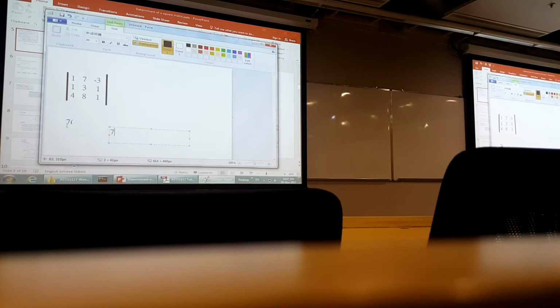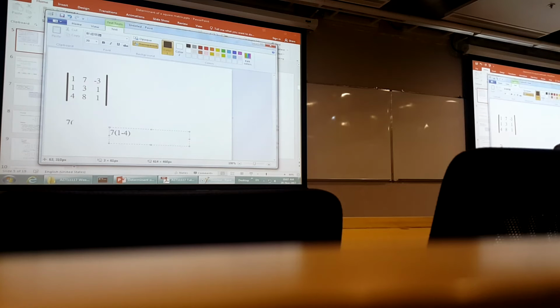Now, we use this one and then we calculate 7 times these four numbers. 1 minus 4. And then positive, negative.